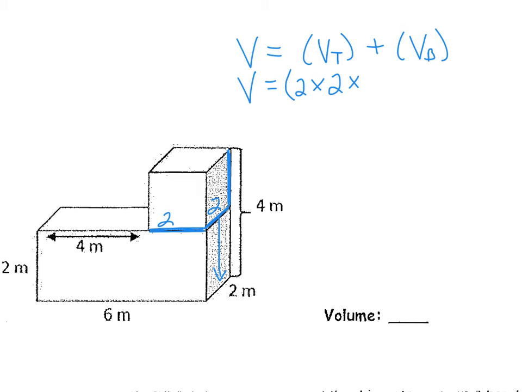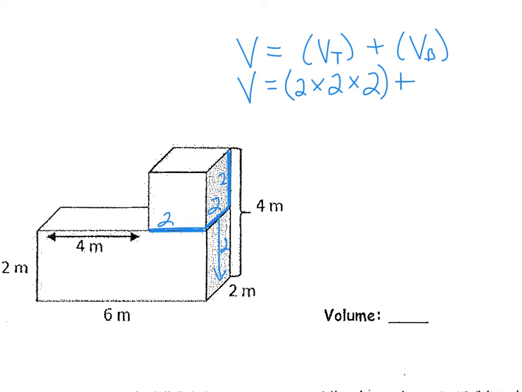I do know that this is 4, and I know that this is 2. 2 plus what is going to equal 4? 2. So length is 2, width is 2, height is 2. I know that's a cube, not a rectangular prism.